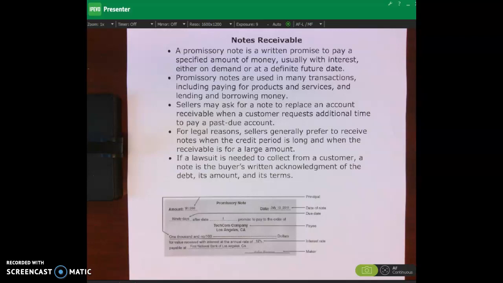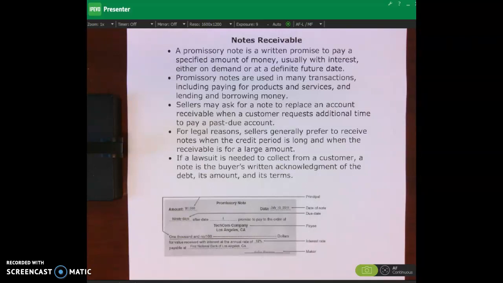Also, if we're a company and we sold something to someone, we may want a note receivable to replace an accounts receivable. Let me explain that in a little more detail. We sell something to our customer, and the credit terms are that they have to pay us in 30 days. Then 30 days go by and they haven't paid us.